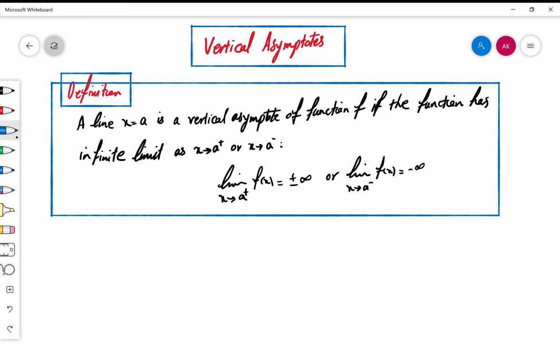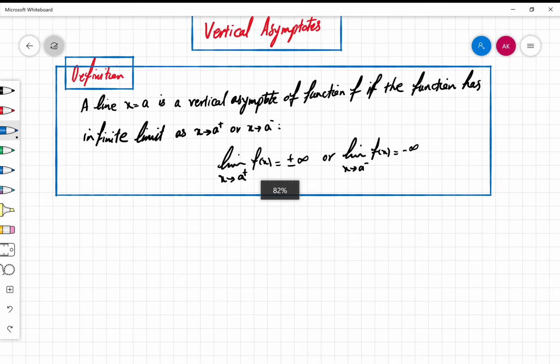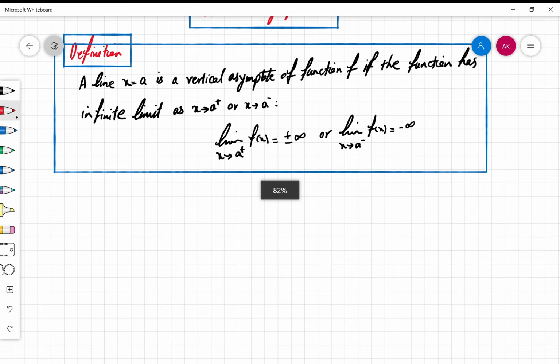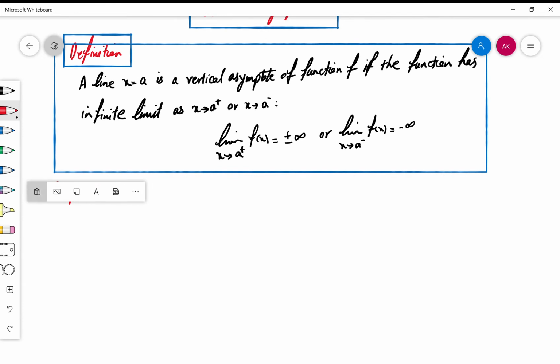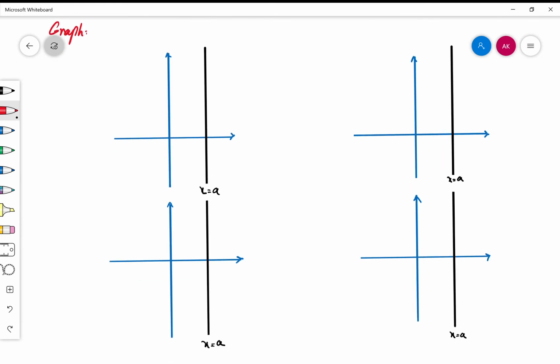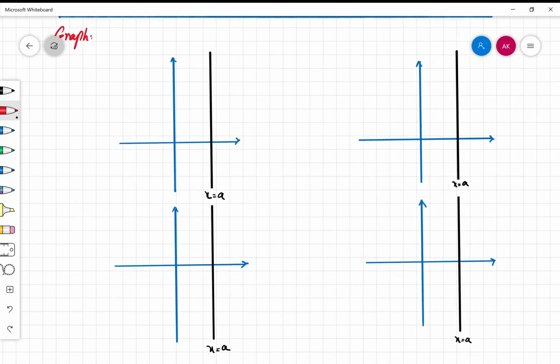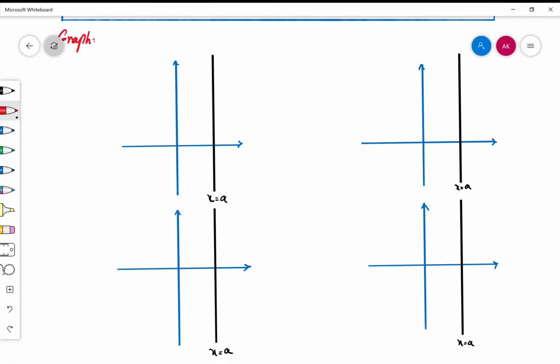Well, it's very important to see how this works for the graphs. So for that, let me just paste this. This will have different forms, but here I will just show you some of it. As x goes to a, it can go up like this.